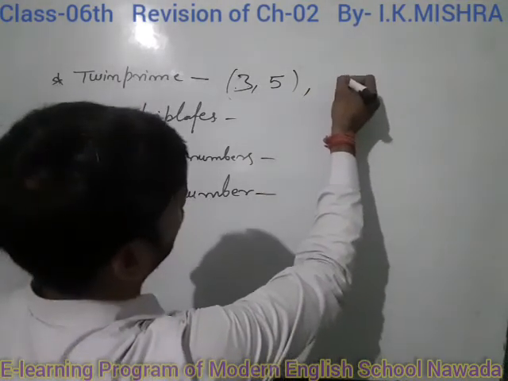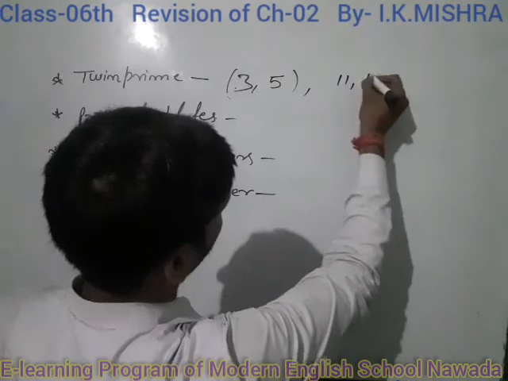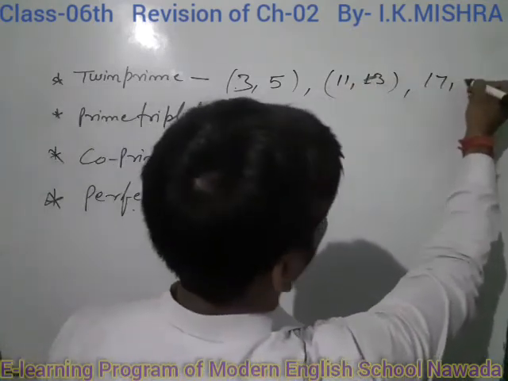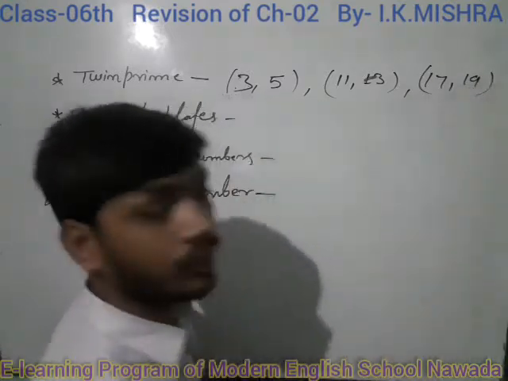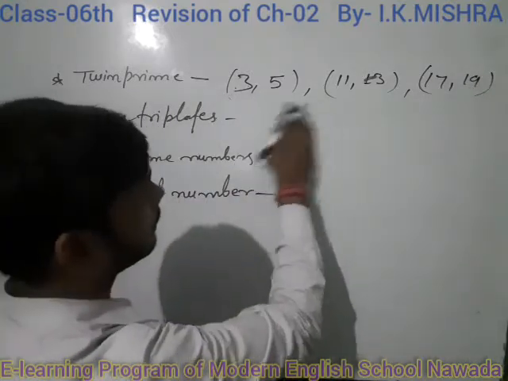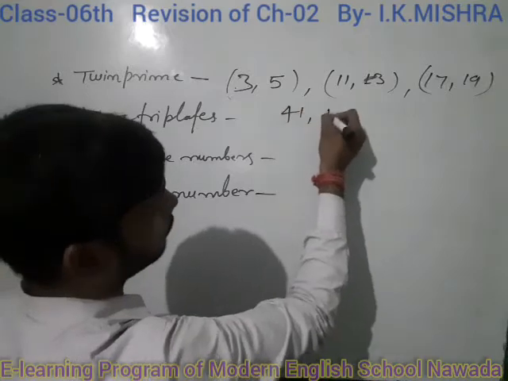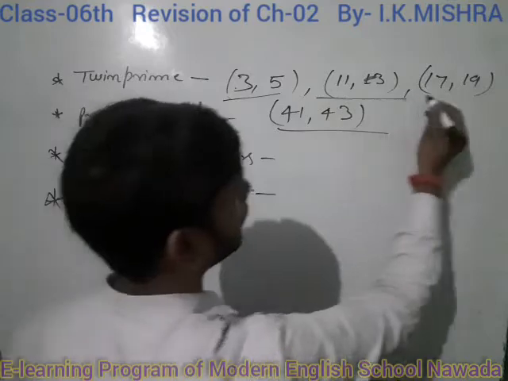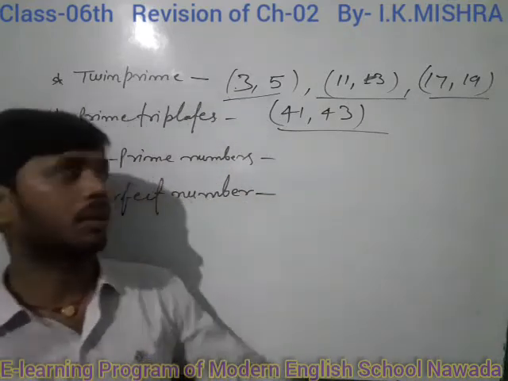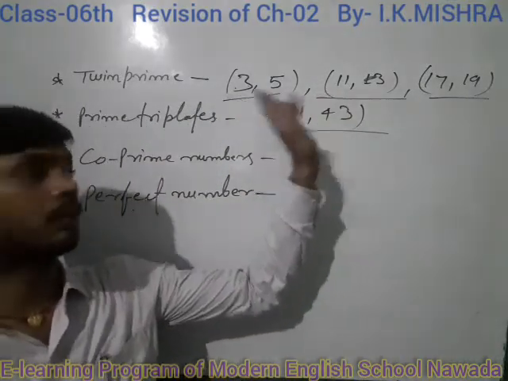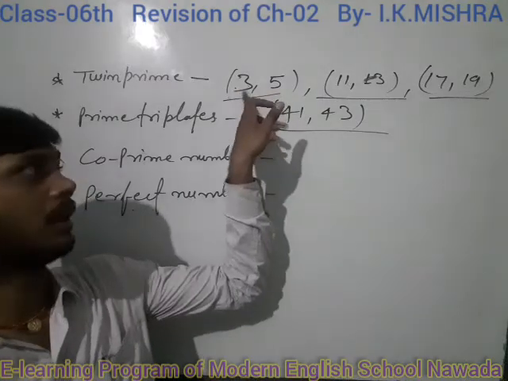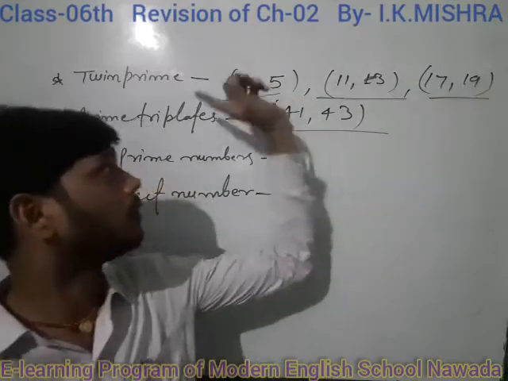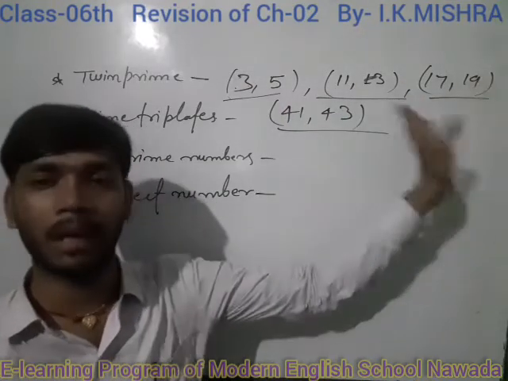Here 11, 13 are twin primes. Here 17, 19 are twin primes. After that, 41, 43 are twin primes. All of these pairs are consecutive, that means the difference between all of these is 2. This type of number is called twin prime.